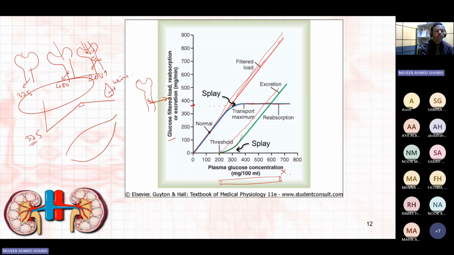But for this nephron, if the same amount is filtered, it will all be reabsorbed. For this nephron also, all will be reabsorbed. But one nephron is giving positive sugar. So that's why the curve is smooth, not coming at one exact point. It is known as splay. This is known as splay.